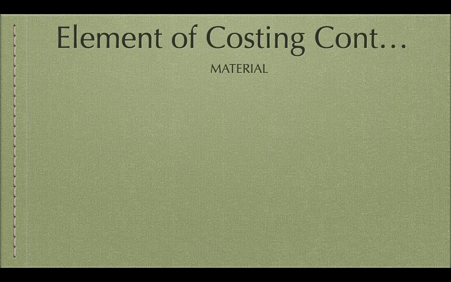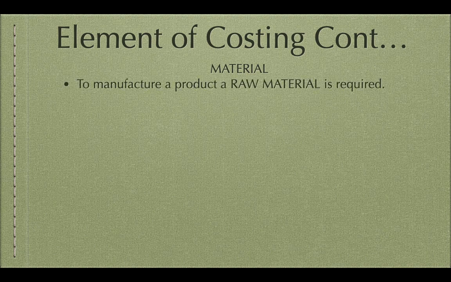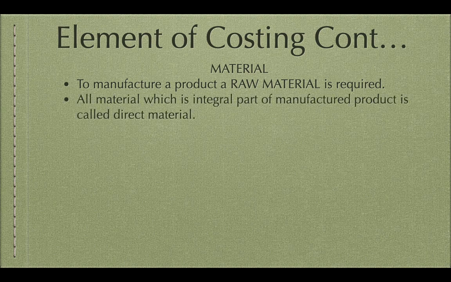The first one is material. To manufacture a product, a raw material is required, and the raw material from which the final product is being made is called a direct material. For example, in the previous slide I told you, if we are going to manufacture a ceiling fan, what is the basic raw material we are using?